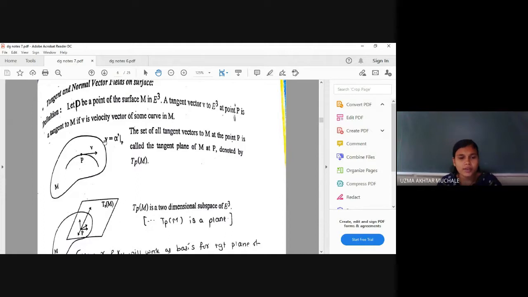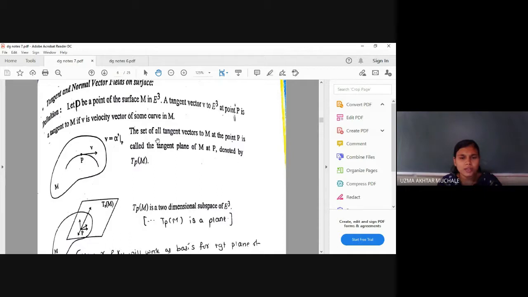And what is a tangent vector to a curve? It is nothing but our velocity vector. And how to find a velocity vector? You just have to differentiate a given curve alpha, that is, find the derivative of the curve alpha with respect to the variable t. So if P is a point on the surface M and you want to find a tangent vector at that point, it is equivalent to saying that V is the velocity vector of some curve in M.